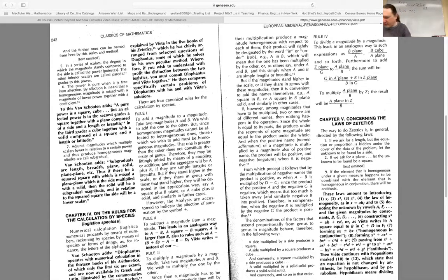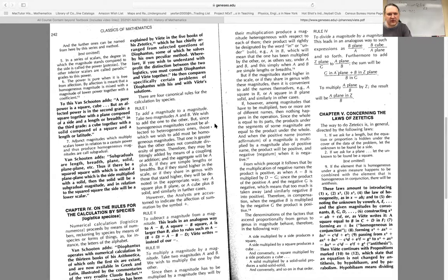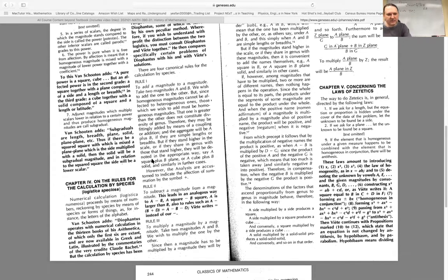So chapter 4 are some rules of algebra. The first rule really amounts to combine like terms. Okay, so we can fittingly add things that are homogeneous magnitudes. All right, that's fine. There's some talk of subtraction.